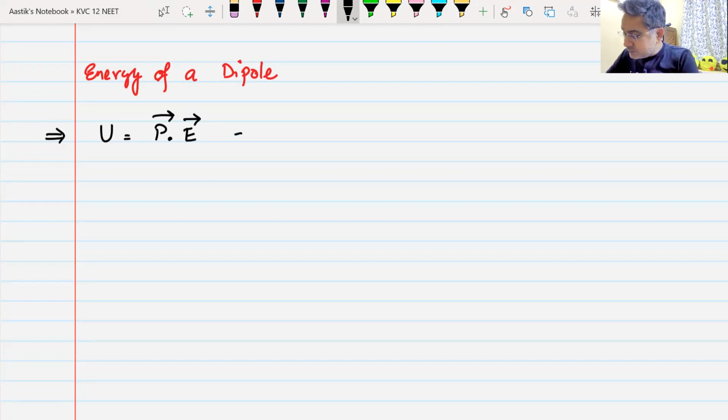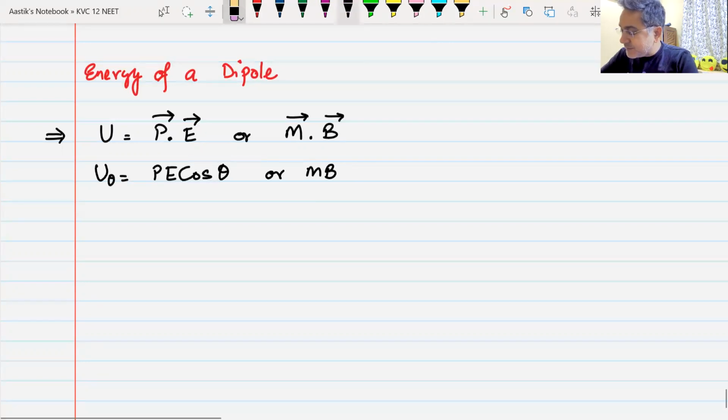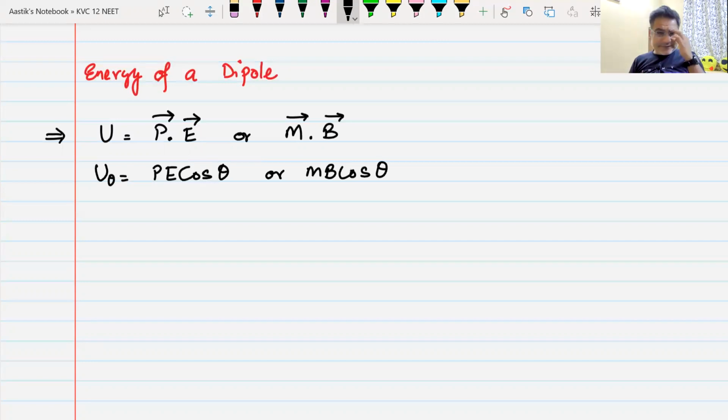P dot E for electric field or M dot B for magnetic field. You can write this as P into E into cos theta. Energy at any angle theta will be P into E into cos theta, or you can write it as M into B into cos theta.